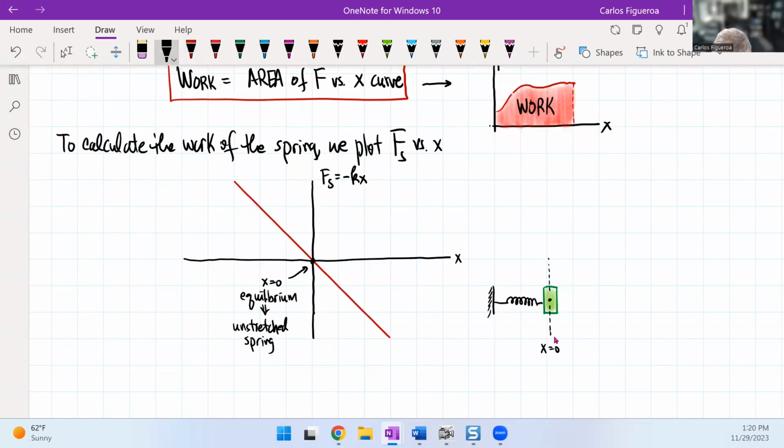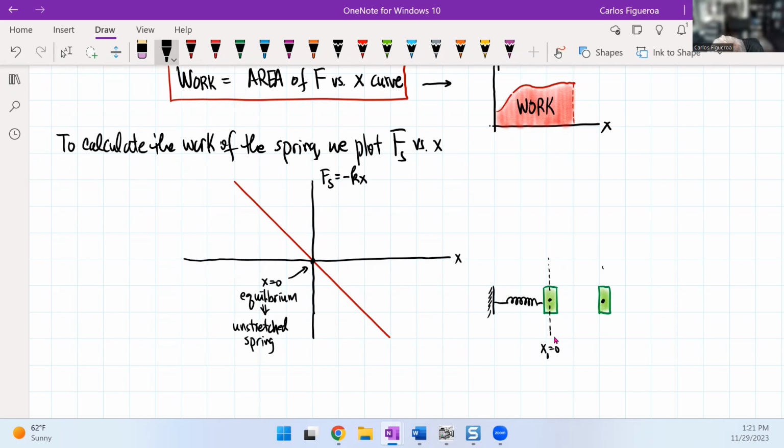Now what I'm going to do is expand this thing. As I expand this and move it away to this location, I'm going to call this point right here x1, just for the sake of argument, because it's going to be easier mathematically to deal with this.